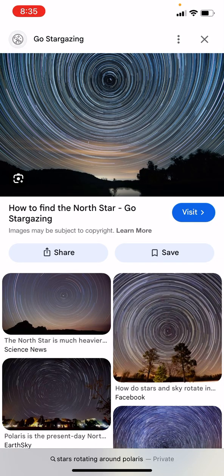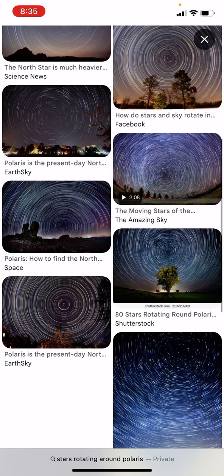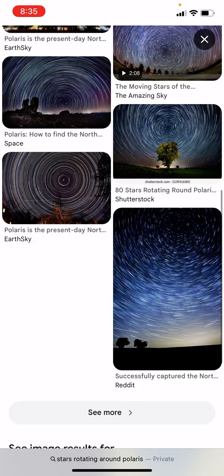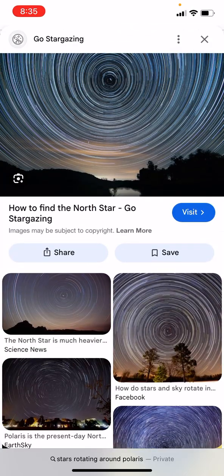Look at how the sky spins. This is your zodiac wheel, right?